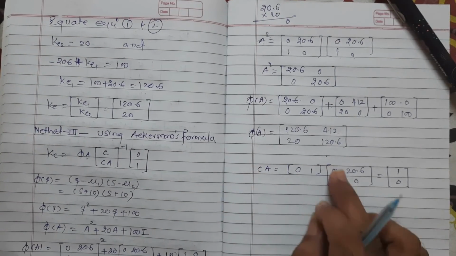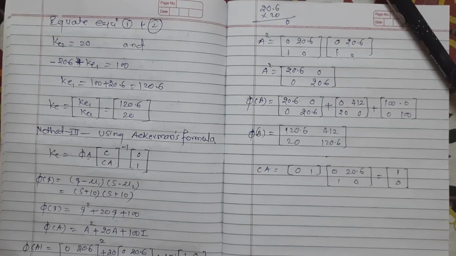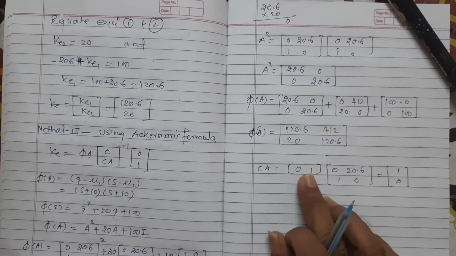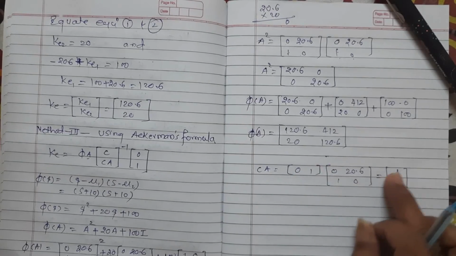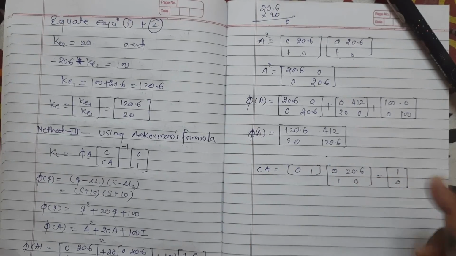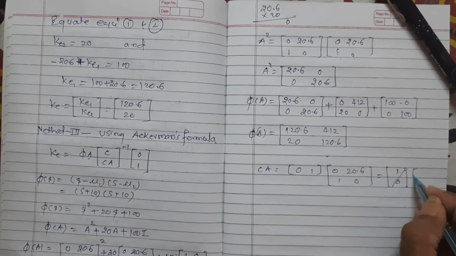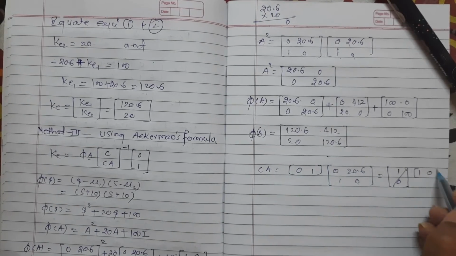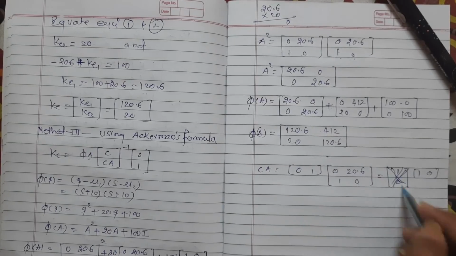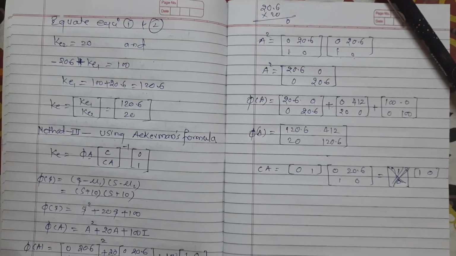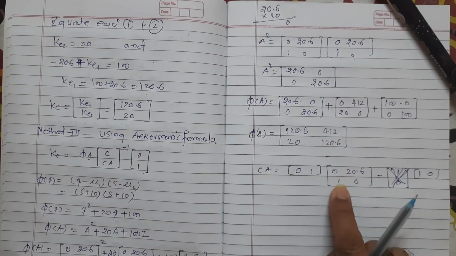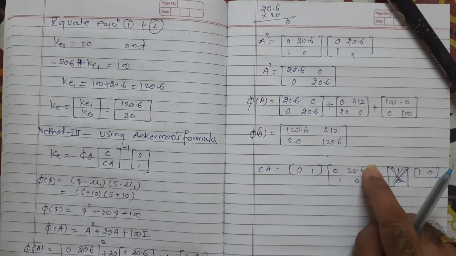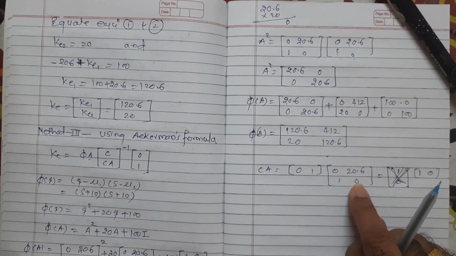Okay, is it coming the same? No, this is CA. Oh, okay. This is 1 and this is 0. 0 into 0 and 1 into 1, here is the 1, and 0 into 20.6 is 0, and 1 into 0 is 0.